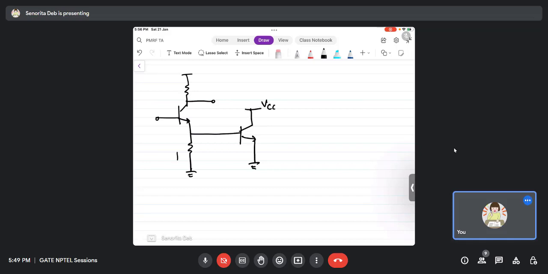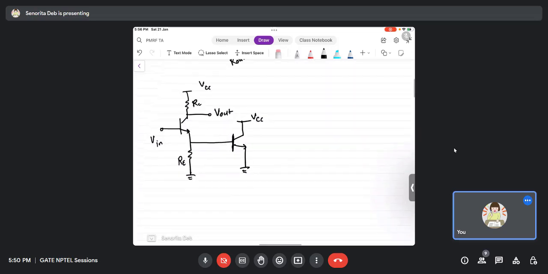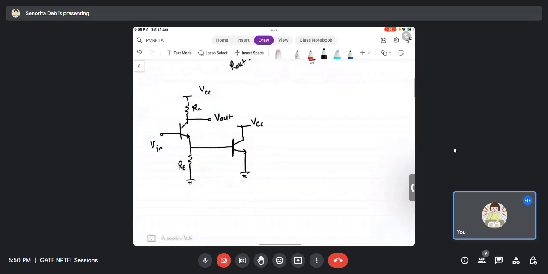So just see if you guys are able to understand how to solve it without drawing the small signal model. And tell me if any one of you get an idea, just tell me what you are thinking. Then we will see if it is correct or not. So again, the voltage gain. You have to find the voltage gain.